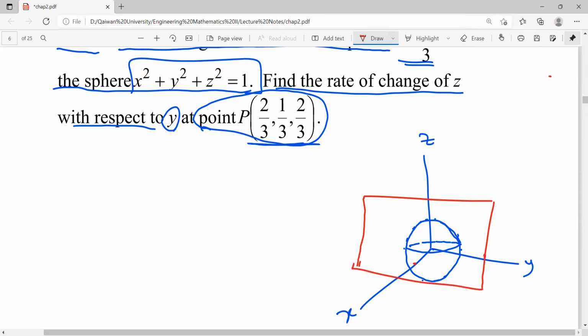This plane intersects this sphere at where? At this circle. It goes through the sphere. We have a sphere with radius 1, and a plane which intersects the sphere at 2/3. That means the intersection of the plane with the sphere is a circle.